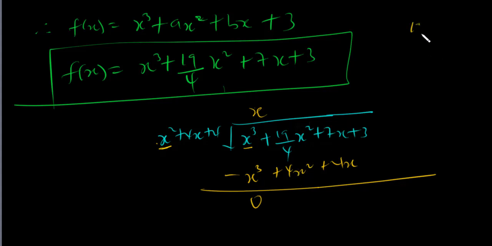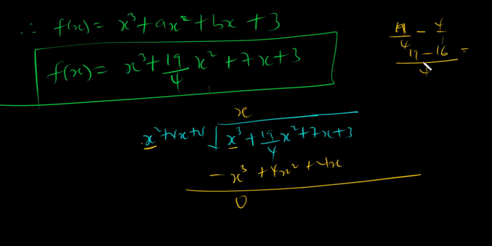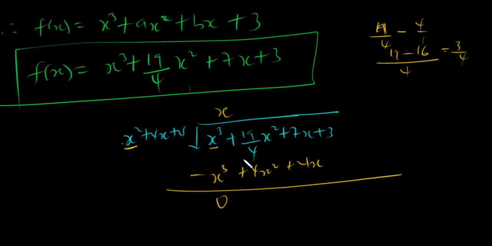Let's do some simple algebra here. I'm subtracting this, that is over 1. Find LCM. 4 here, 1 times 19, 1 here, 4 times 4, 16. Subtract 16 from 19, you have 3 out of 4. So that's going to be 3 out of 4 x squared. Subtract 4x from 7x, I get 3x. And then I have 3 minus 0 here, I'm going to get 3.